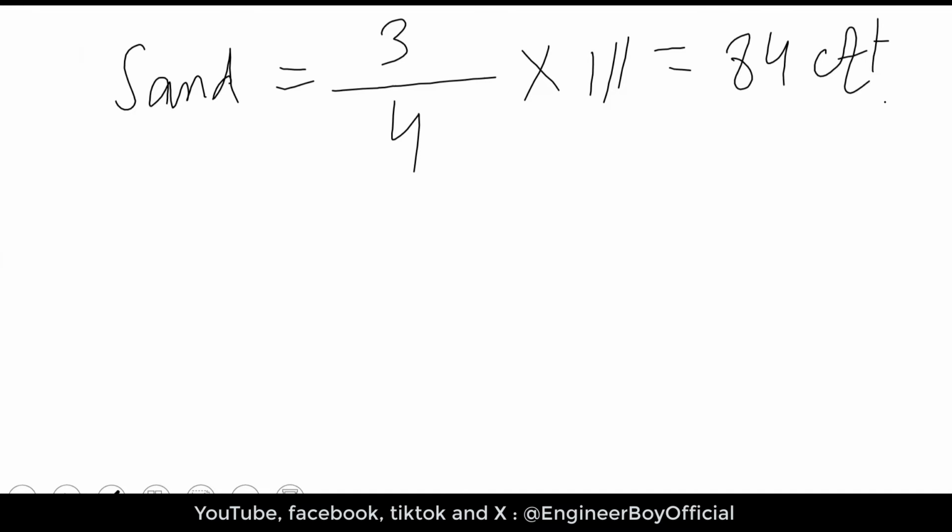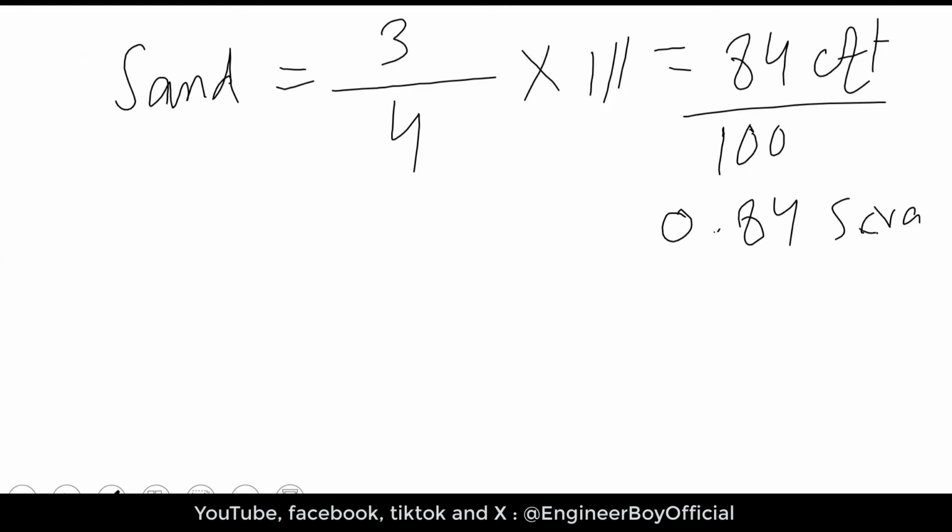You can even convert this into sekadas, which is a local unit, so you divide that by 100, which is almost 0.84 sekada. It is a local thing, where 100 CFT is 1 sekada.